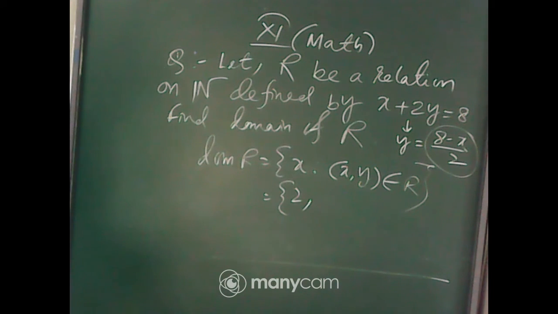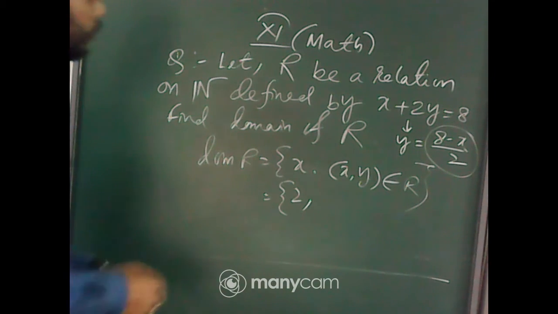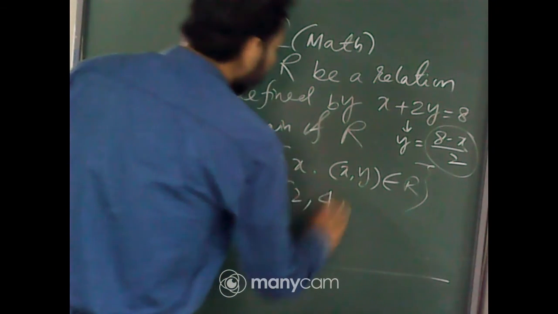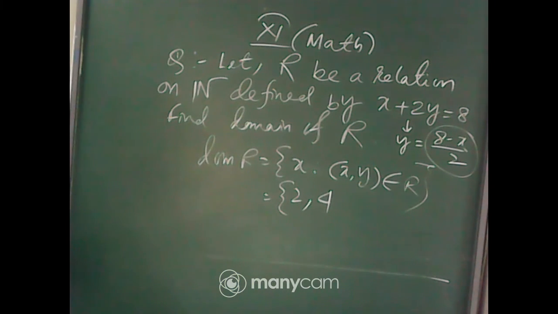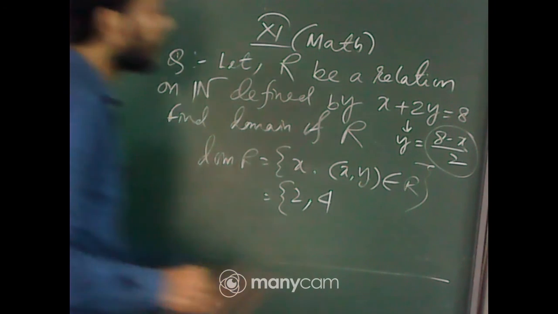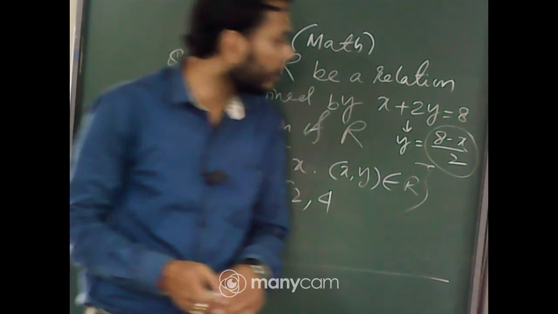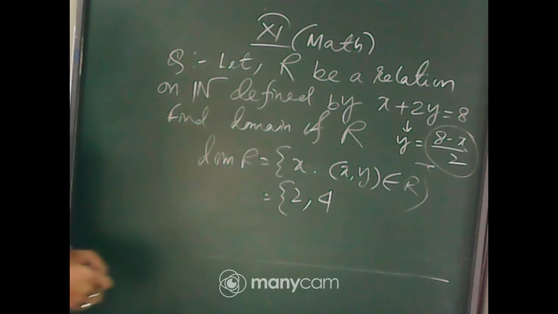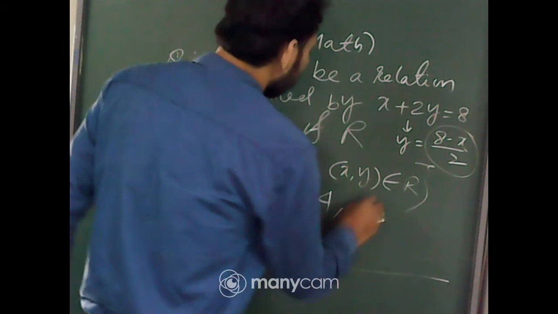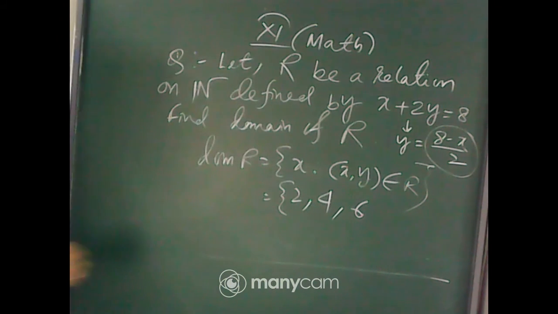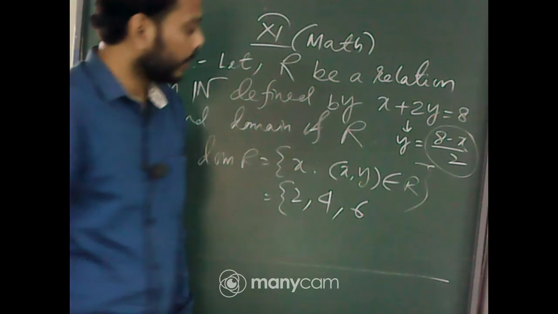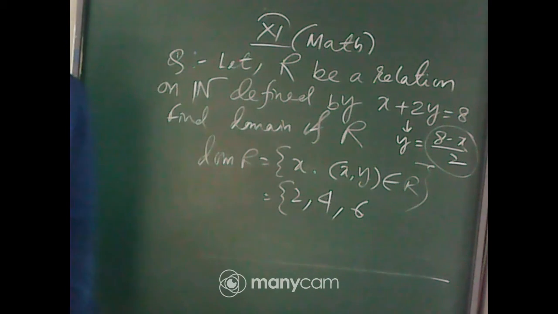Now put 4, 8 minus 4, that is 4 by 2, 2. That is a natural number. So 4 is in the domain. Now whenever you put 5, 8 minus 5, that will give you 3 by 2. That is not a natural number. So not in the domain. Now put 6, 8 minus 6, that means 2, 2 by 2, 1 is a natural number. So 6 is in the domain.